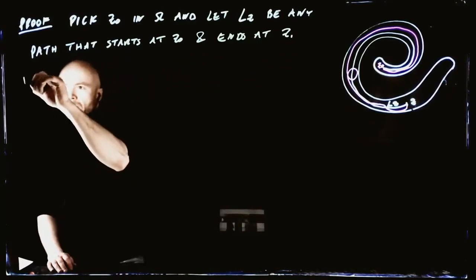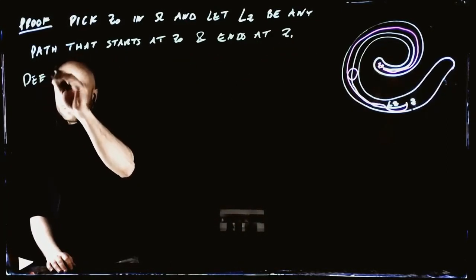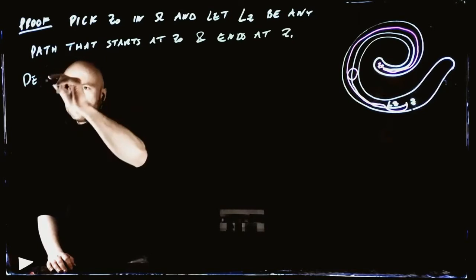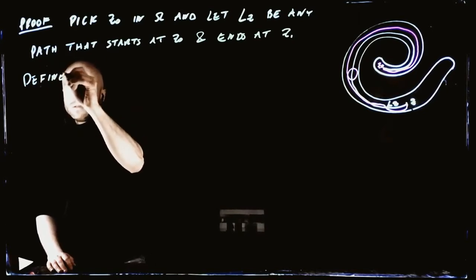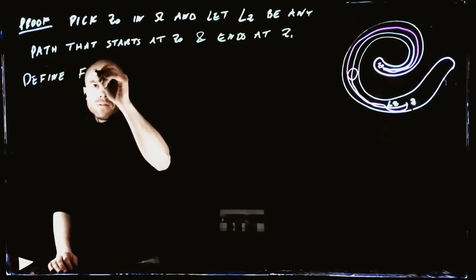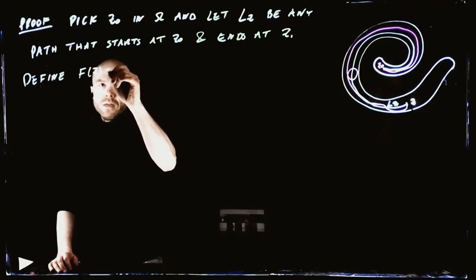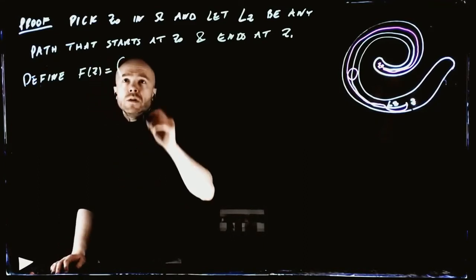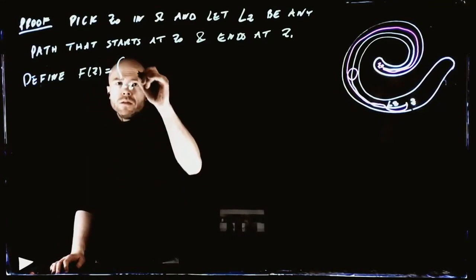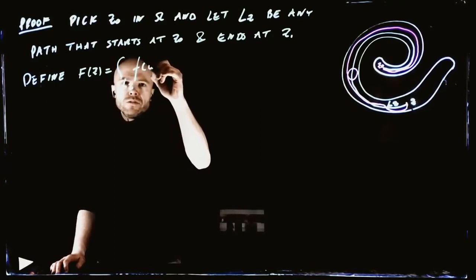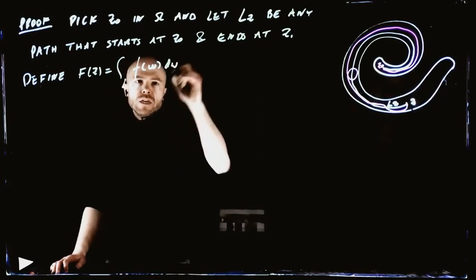And then define capital F of z to be the integral over L of z of little f of w dw.